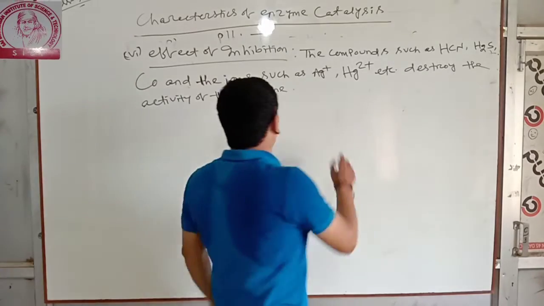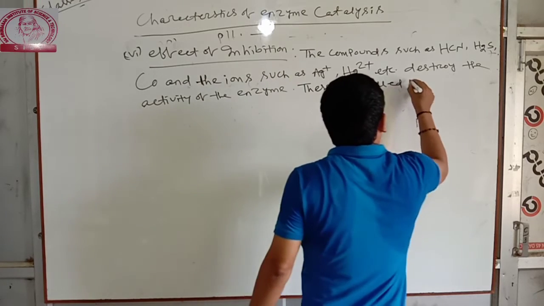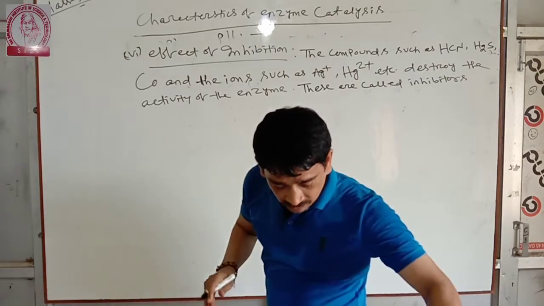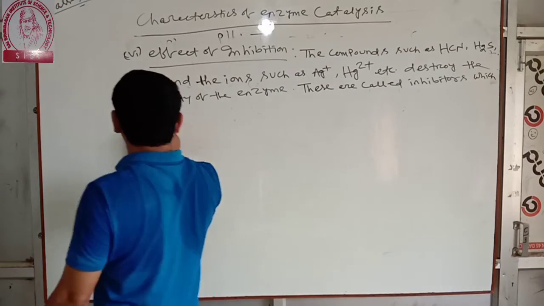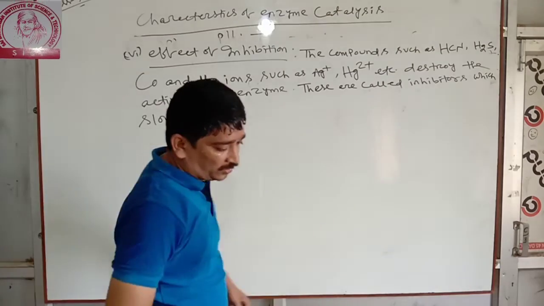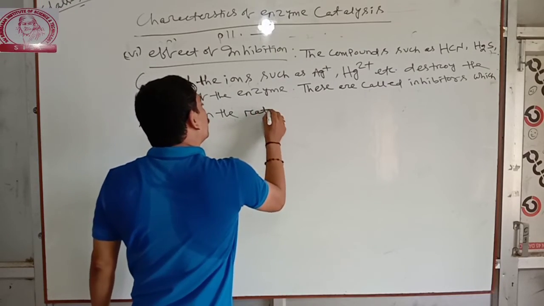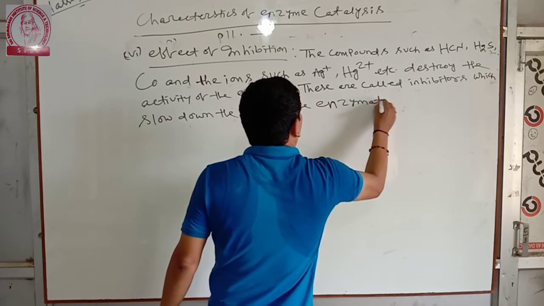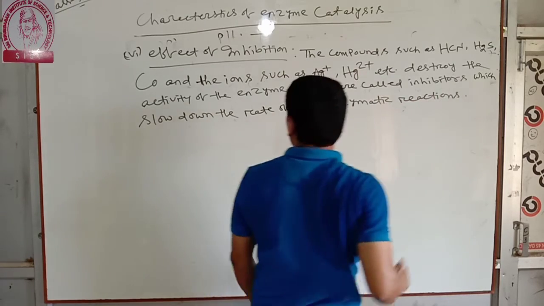These are called inhibitors, which slow down the rate of the enzymatic reaction.